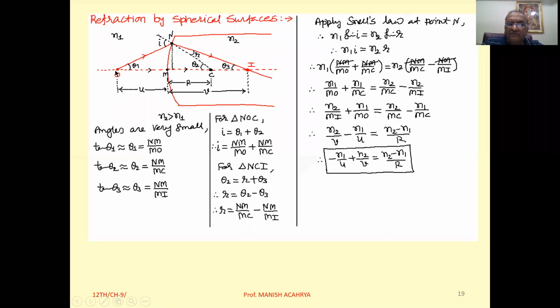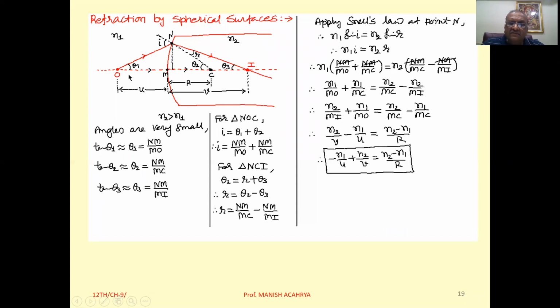Okay. Now, here the distance between the optical center and the object is the object distance u. This distance MC is the radius of curvature, capital R. Image is formed at I, so the distance MI is the image distance, that is v. The angle of incidence at point N on the spherical surface is i, and the angle of refraction is r.